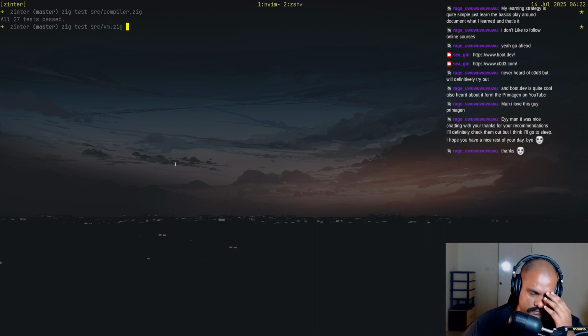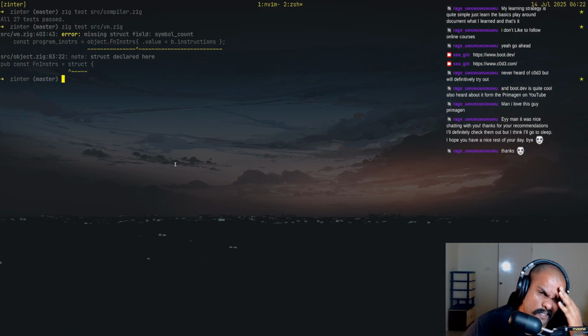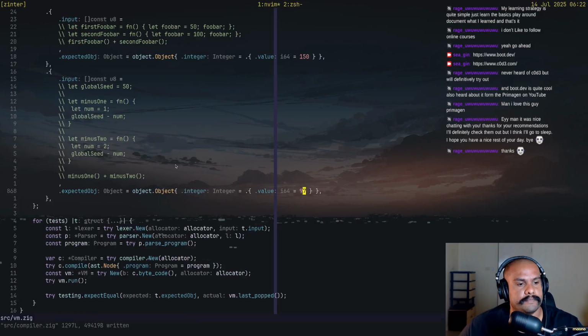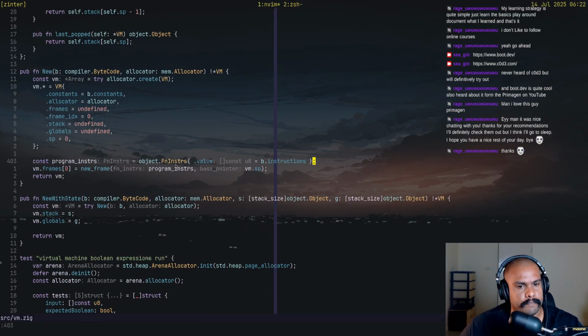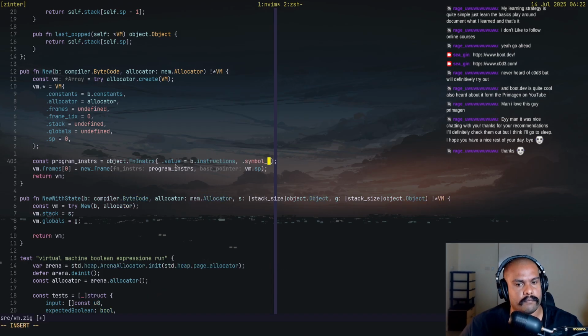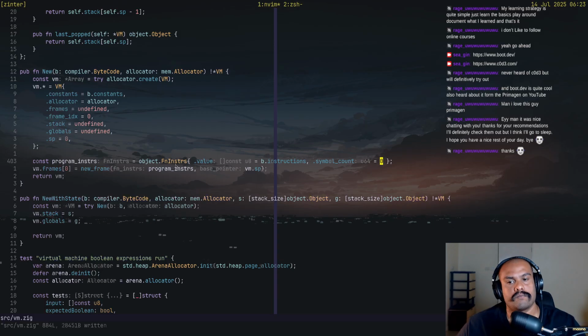VM 6. Missing field, symbol count. 403. Actually, it's a 0, because it's the main function.